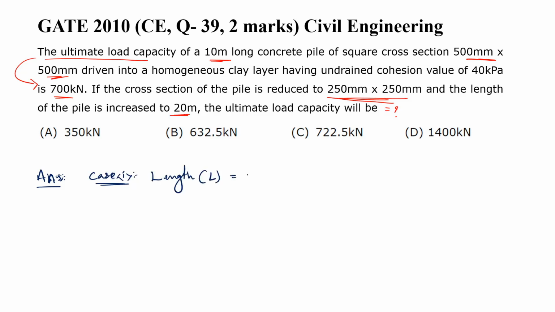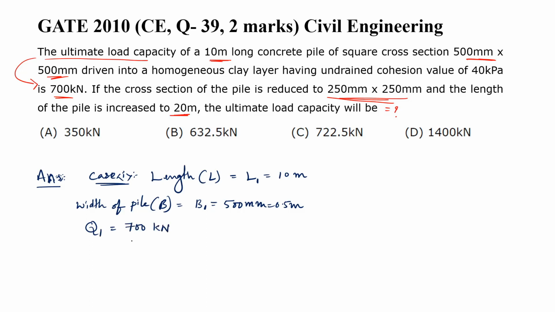Length of the pile L, let us say this is L1, that is given as 10 meter, and the width of pile, you can say B, as it is case 1, B1, we will write that is 500 mm, 0.5 meter, right, and the capacity is Q1, that is 700 kilonewton.